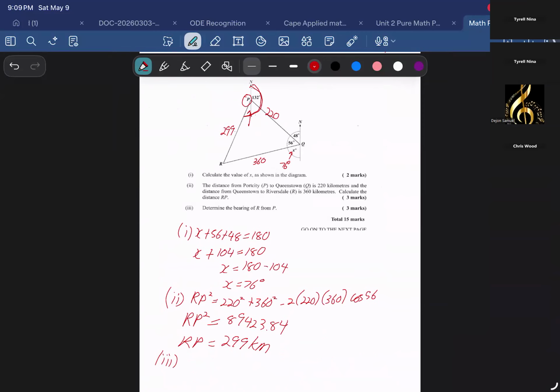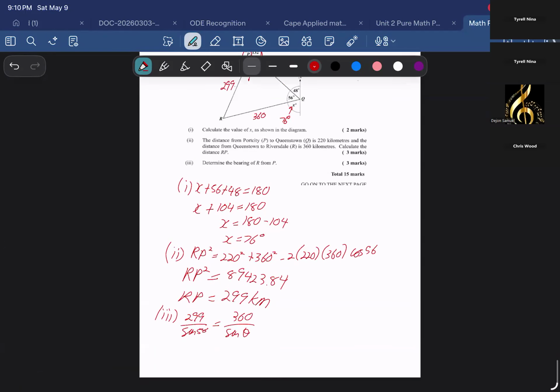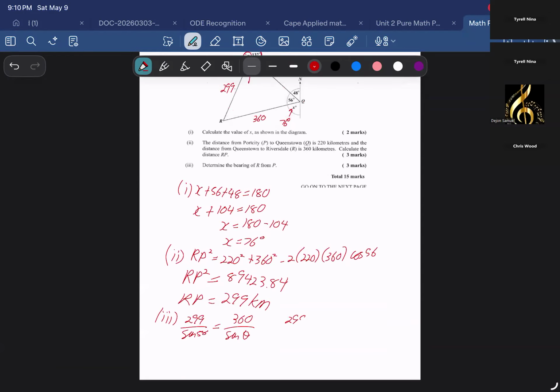299 over sine 56 is equal to 360 over sine theta. So 299 sine theta is 360 sine 56, so sine theta is 360 sine 56 over 299.